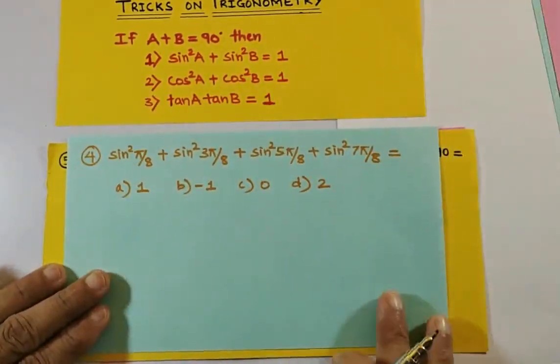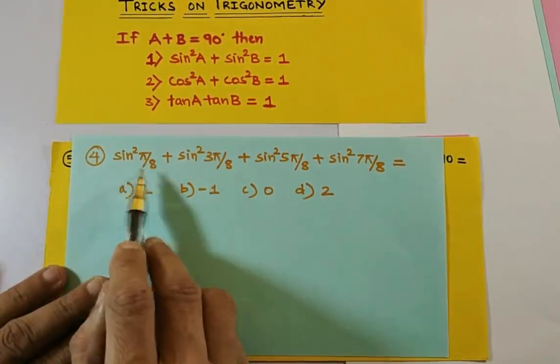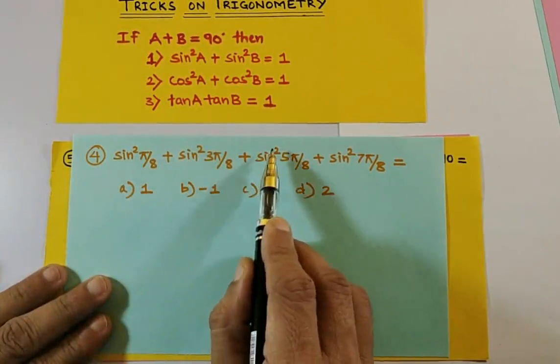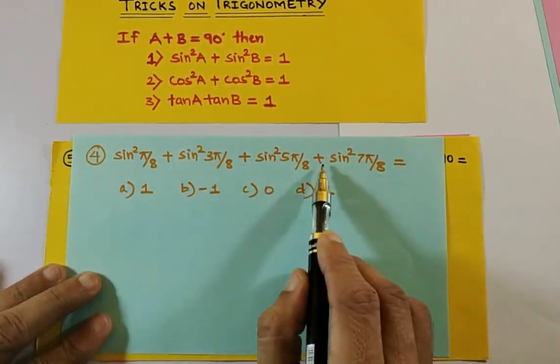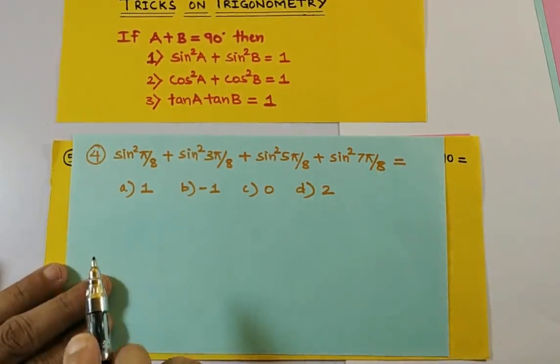Similarly, if you take the fourth one: sin square pi by 8 plus sin square 3 pi by 8 plus sin square 5 pi by 8 plus sin square 7 pi by 8 is equal to, he has asked.